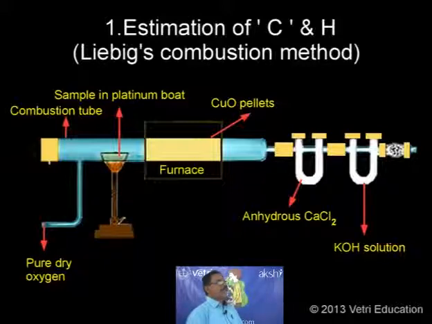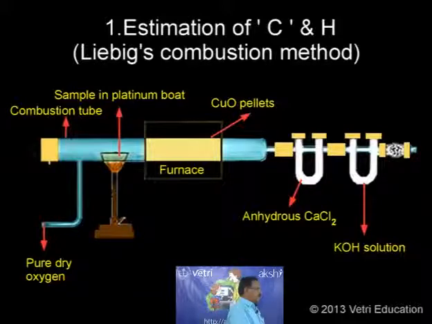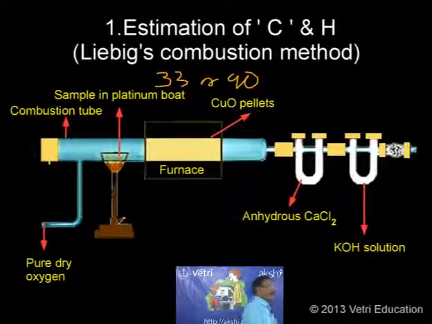Kindly follow. Take a known quantity of organic substance, let it be W grams, for example. Now we have to heat it in the presence of copper oxide in a special apparatus, the combustion tube, normally approximately 33 inches or let me say 90 centimeters in length, 1 or 2 centimeters in diameter.